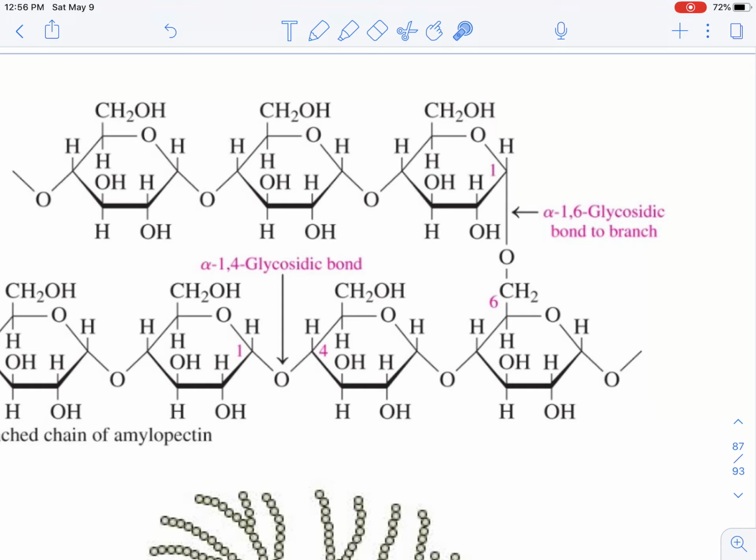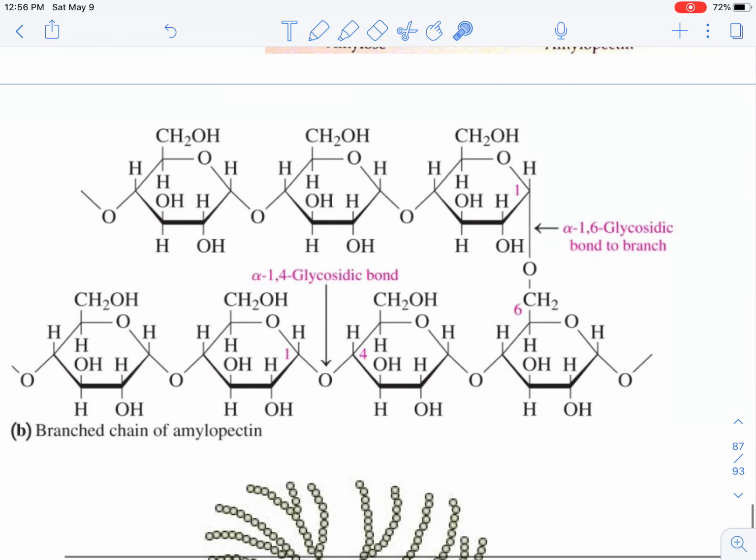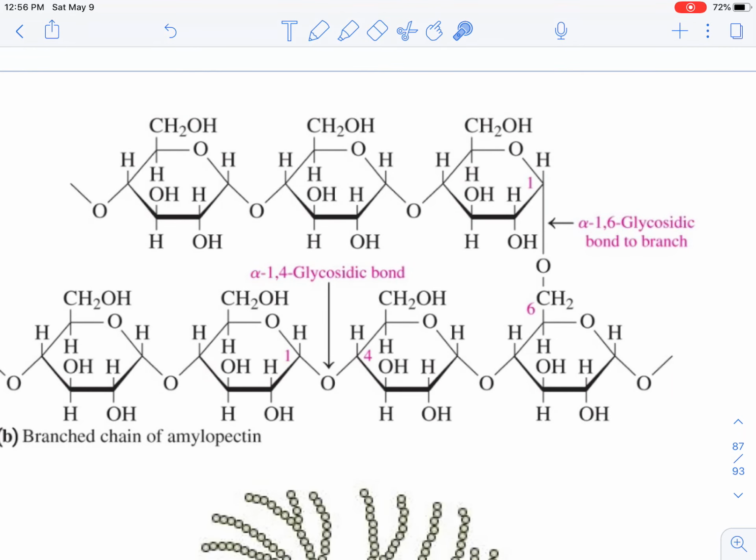This covalent bond is going to go from the first carbon to the sixth carbon of the other glucose molecule. So an alpha-1,6 glycosidic bond represents the branching point between two glucose chains.